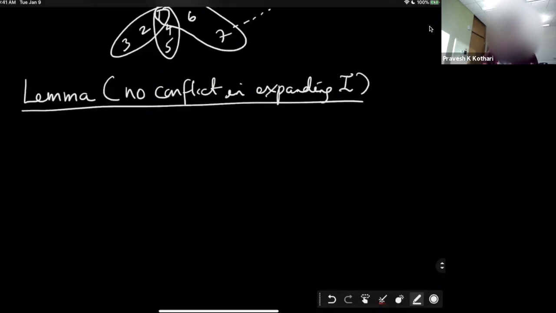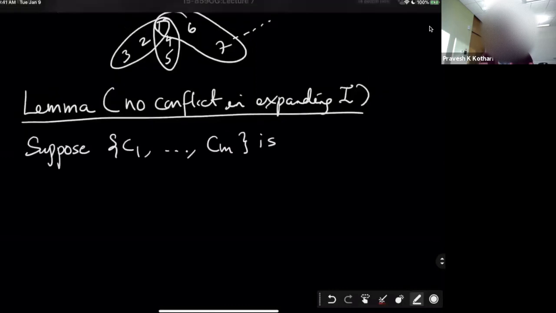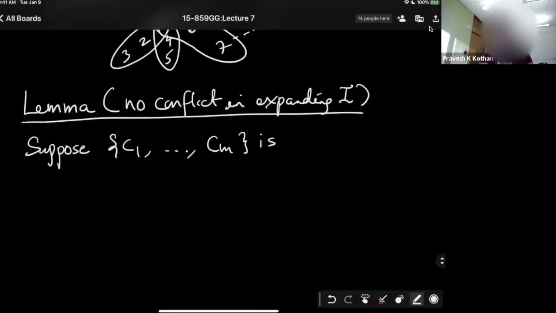I hope that's not too bothersome. So suppose C1 up to Cm is, so now I am going to exclusively focus on the case of k equals 3, because for whatever reason, I have done that in my notes. Although the proofs are entirely the same if you go to larger k, nothing really changes.